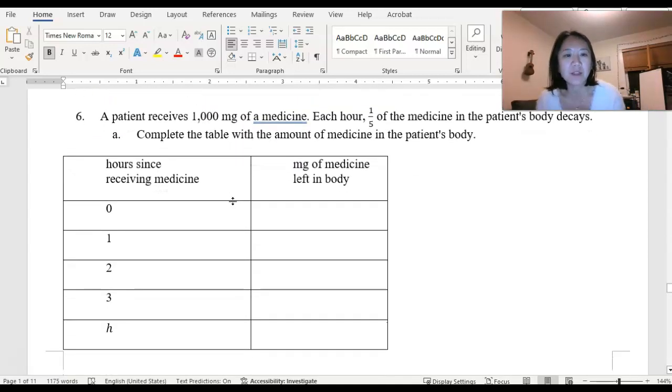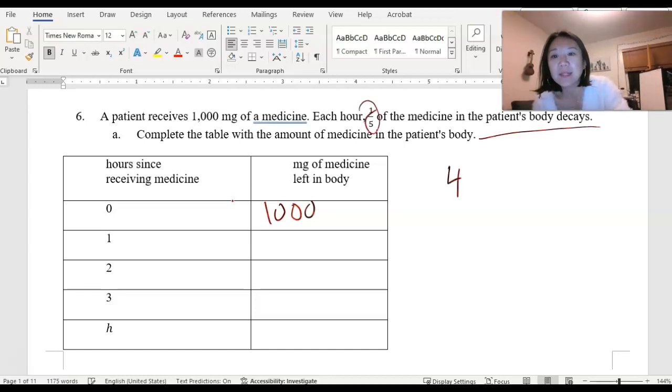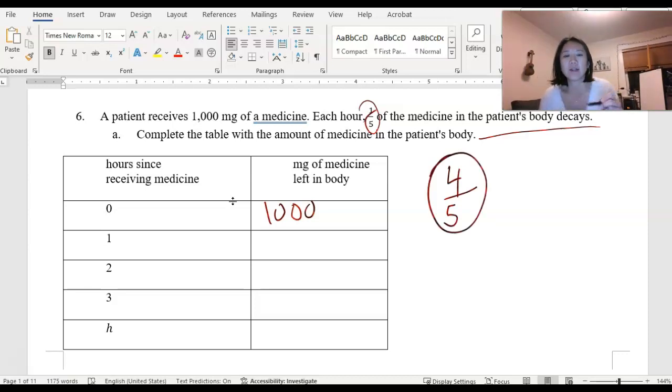Okay, a patient receives 1,000 milligrams of medication, so we can go ahead and put that there. Each hour, 1/5 of the medicine in the patient's body decays. That means that 4/5 remains, so that then is going to be our factor, right? So each time I'm multiplying by 4/5, or this is also equal to 0.8, 80%.